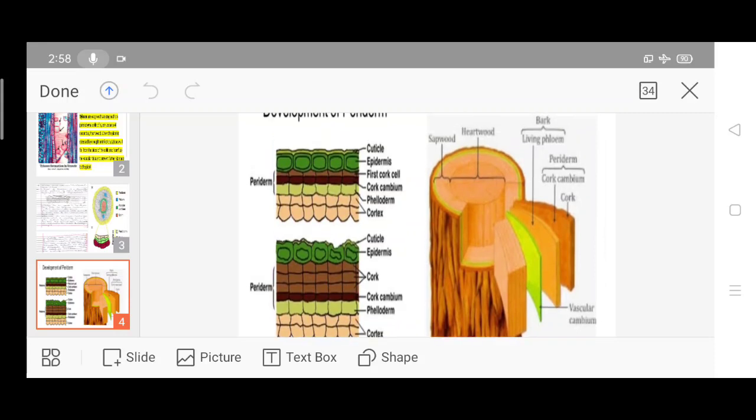Then in the right side figure, this is the stem section. At the center there is the heartwood, then the sapwood, and after that the cork or bark cells. At the inner side is the vascular cambium, and at the outer side there is the cork cambium.